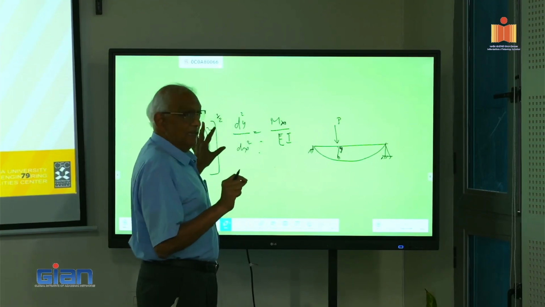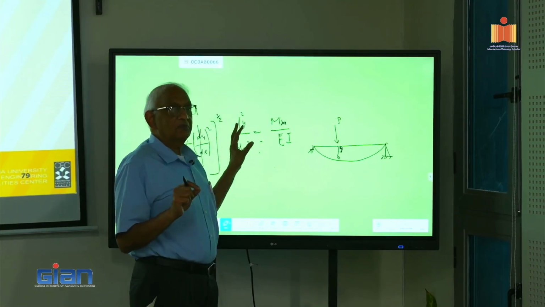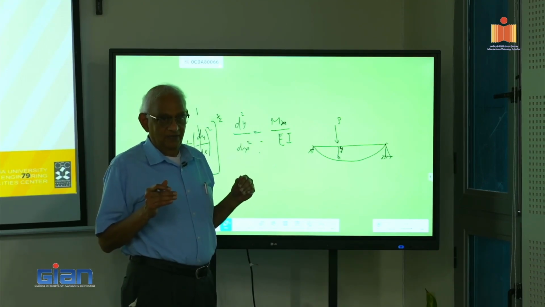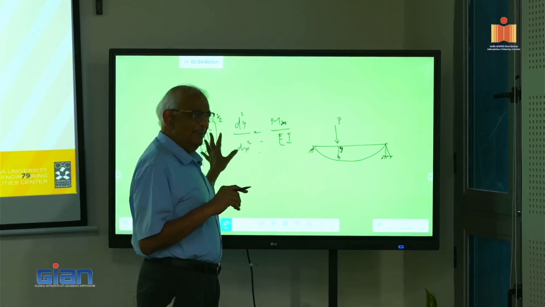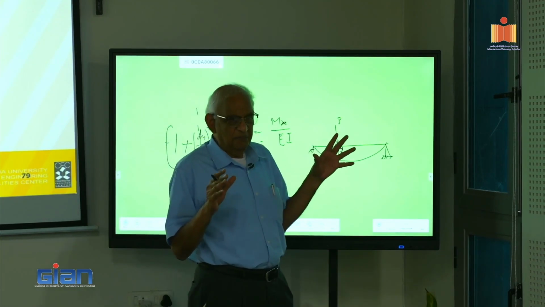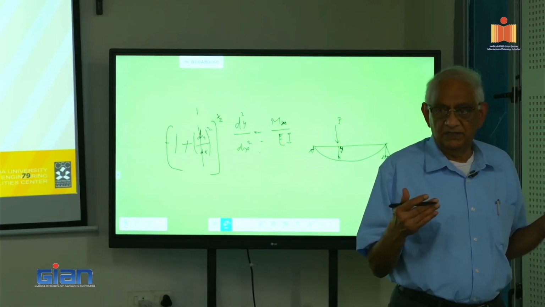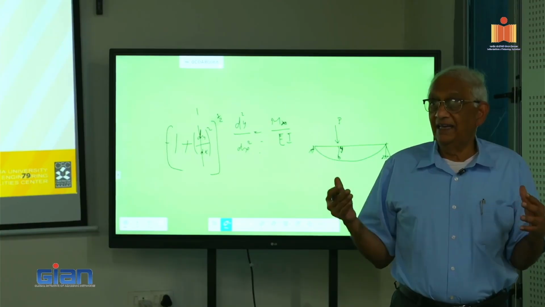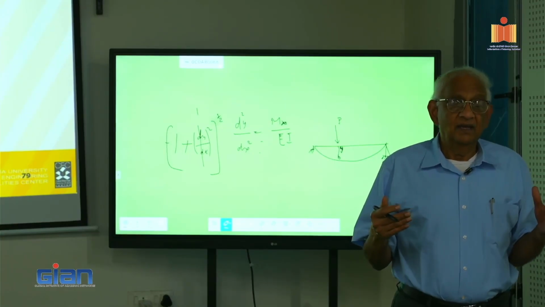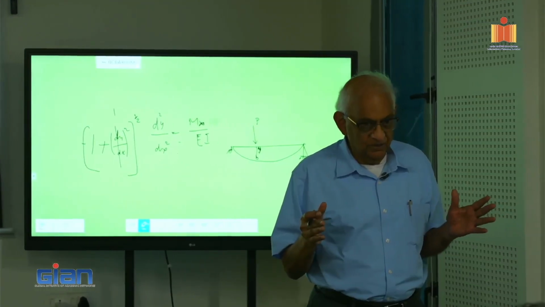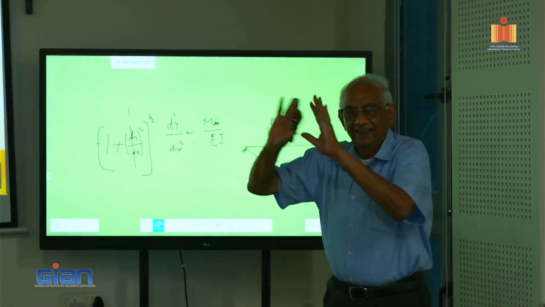The minute I multiply with this, it becomes a second order nonlinear differential equation. This is really not a nonlinear equation per se as we deal with it. We call it a quasi-linear equation, meaning that I can make it a linear equation by some kind of mathematical substitution. Anyway, that's a separate topic.